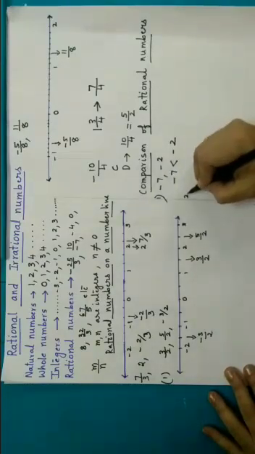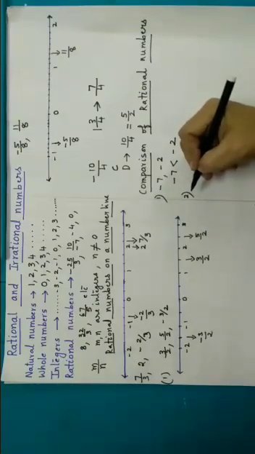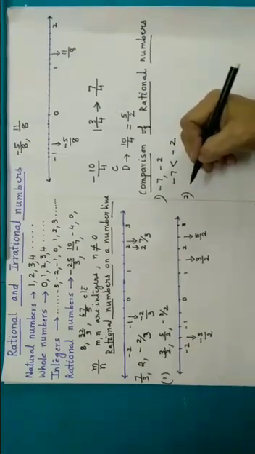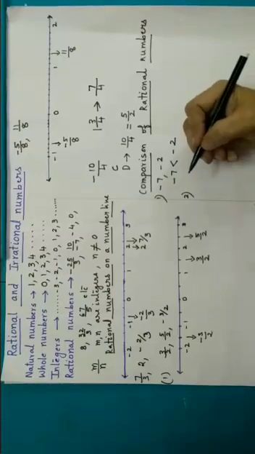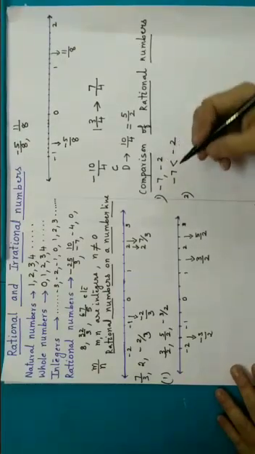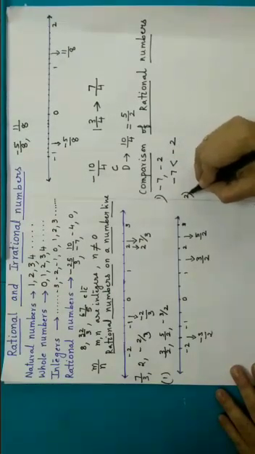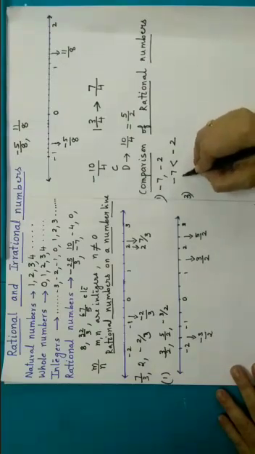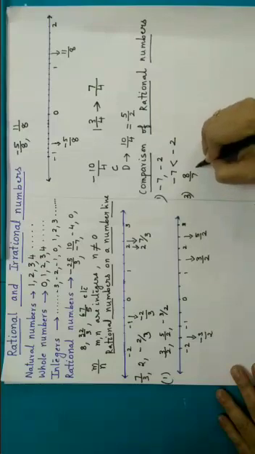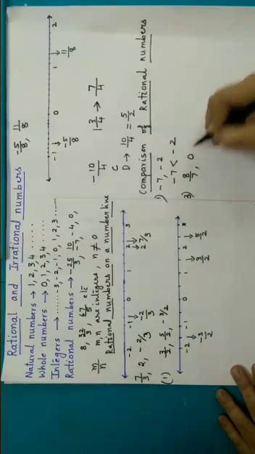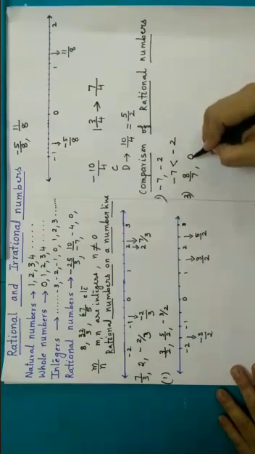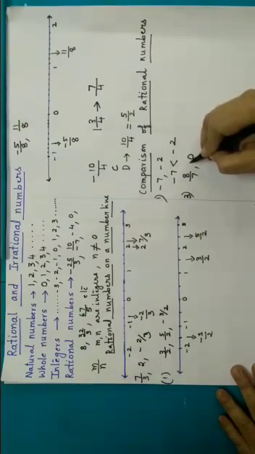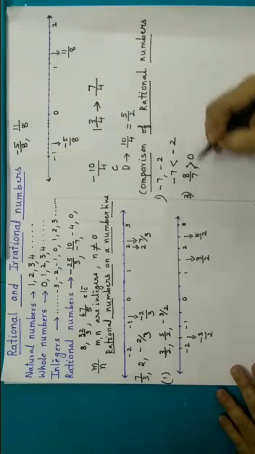Next sum. Practice set 1.2. All of you see, the first one is completed. Minus 7, minus 2. Now I move to sum number 3. I already said odd numbers are being solved on the board. 8 upon 7, 0. That we all know. Is 0 bigger or smaller? It is greater than 0.